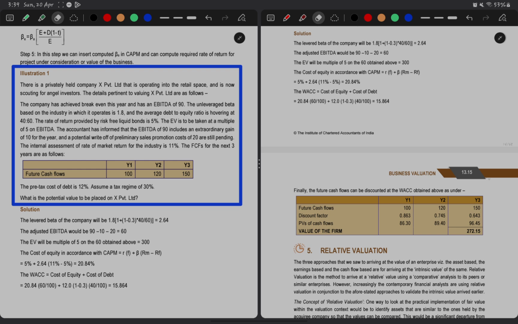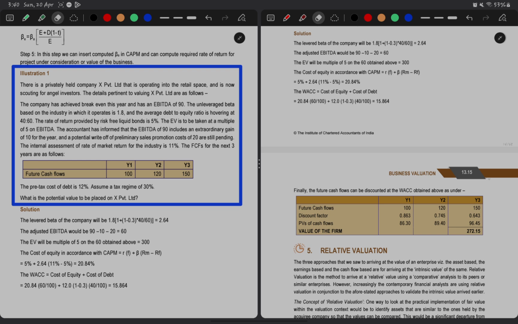So it should be in regular terms, and it should not include any extraordinary items. In this given case, an extraordinary gain of 10 is there, and a potential write-off of promotional expenses is there. Hence these two have to be eliminated from the 90 to arrive at the adjusted EBITDA, which will give us the base for the viability of the revenue generating capacity.